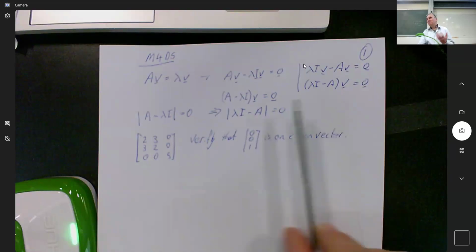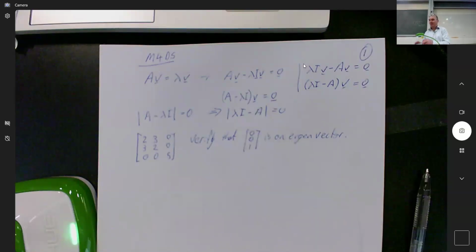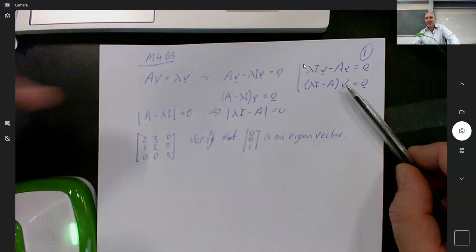Because of that negation, and it being equal to 0, I don't care. And it won't change what the eigenvectors are either.